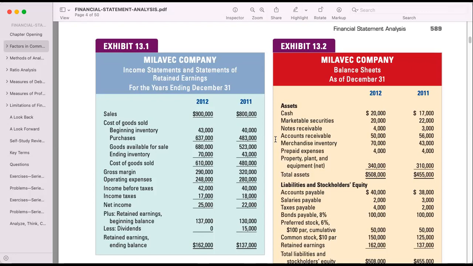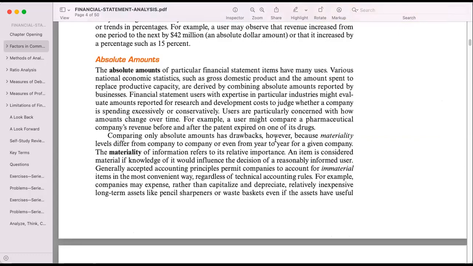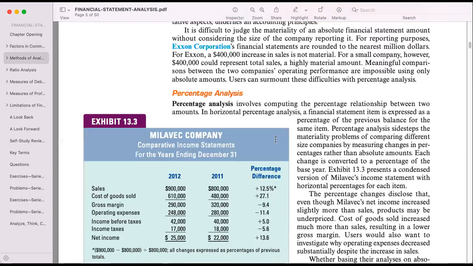Let's say for sales, in 2011, 800,000. In 2012, 900,000. So there's an increase in sales. Horizontal analysis will give you that information as to what changes have been made, what happened over several periods. This is the objective of horizontal analysis. There can be absolute amounts and also percentage analysis.